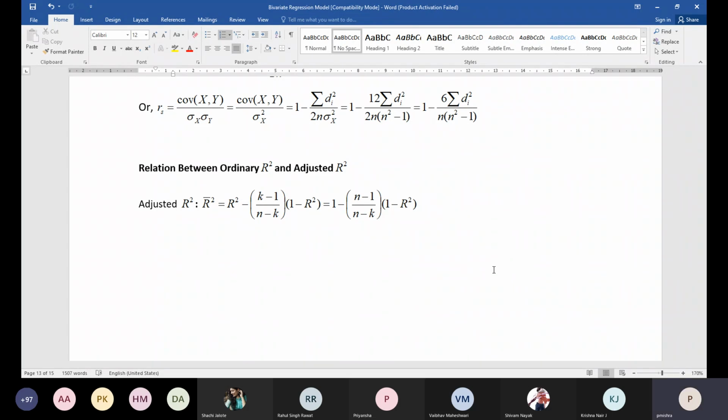Actually, it's very difficult to say which model is the ideal one. It is very difficult to estimate even a nearly perfect model.